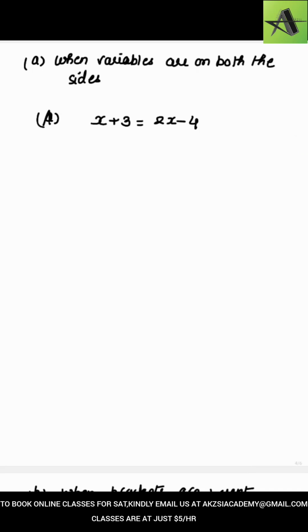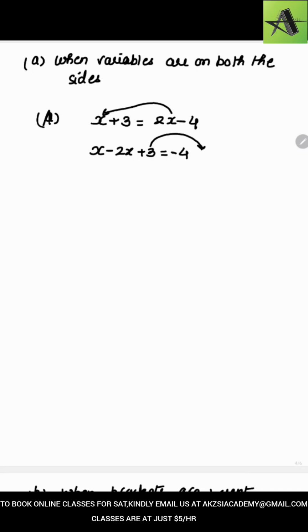So in that case, we have to separate out all x's on one side and all the numbers on the other side. So I'm transposing here 2x. So this will be x minus 2x plus 3 equals negative 4. And now I am transposing 3 onto the other side.